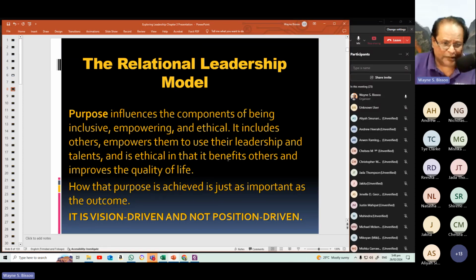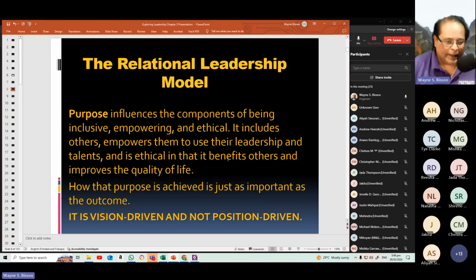So purpose influences the components of being inclusive, empowering, and ethical. It includes others, empowers them to use their leadership and talents, and is ethical in that it benefits others and improves the quality of life.